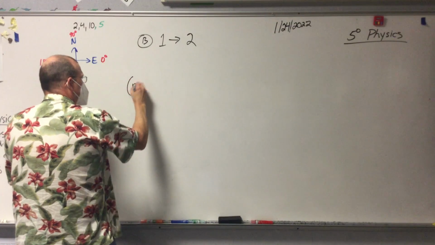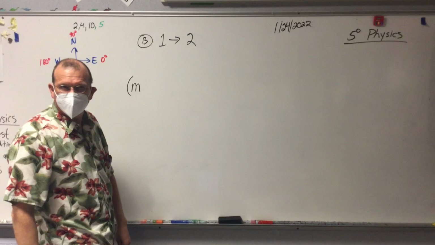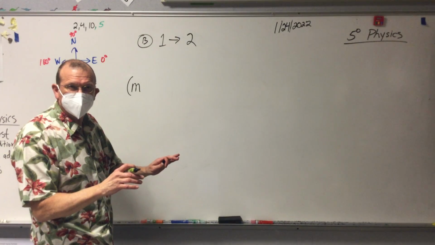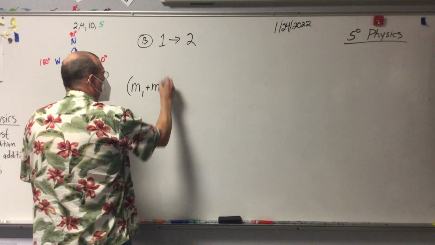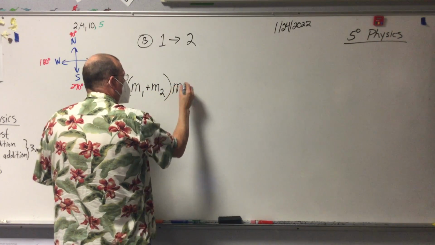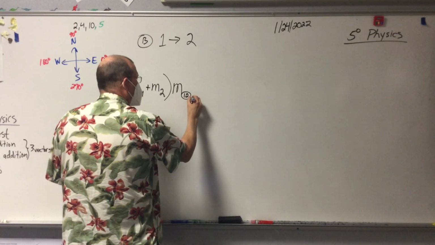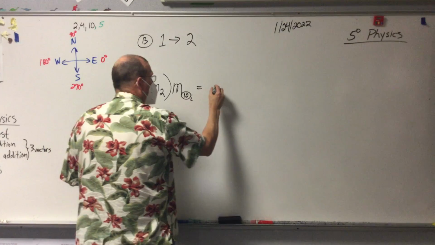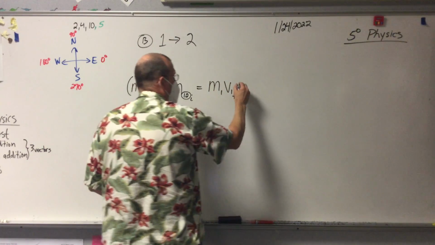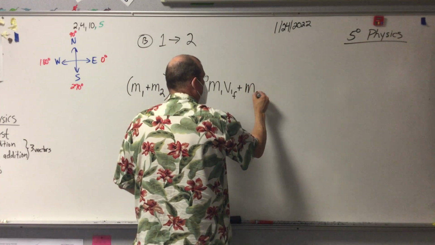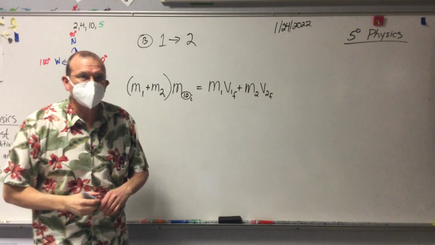Did we use 1 and 2 or A and B for the objects? We used 1 and 2. So we had (M1 + M2) times V1,2 initial equals M1 V1F plus M2 V2F. So that's the equation we'd be dealing with.